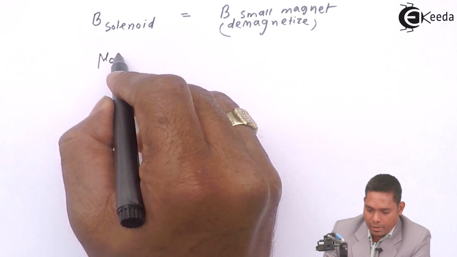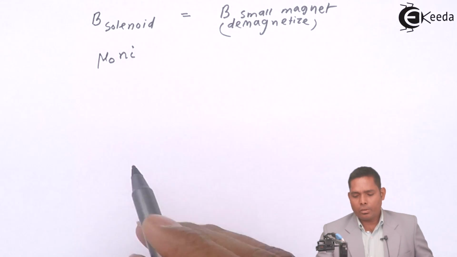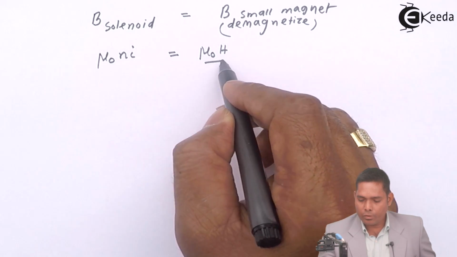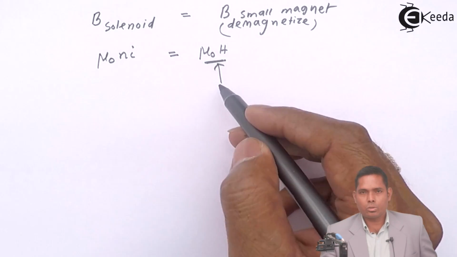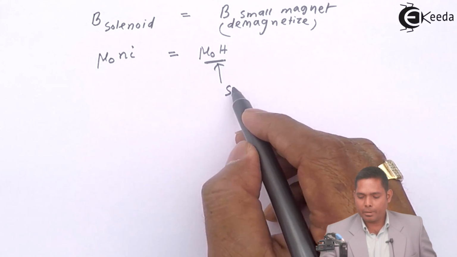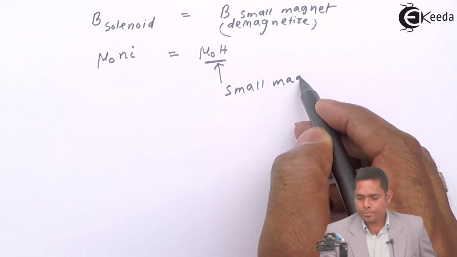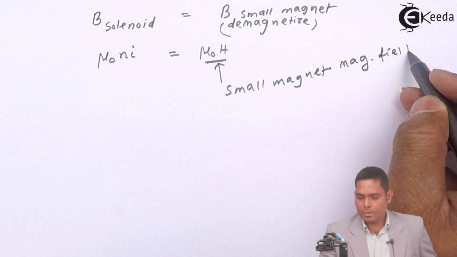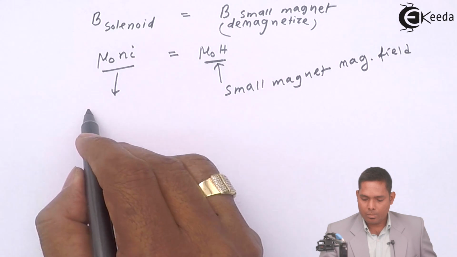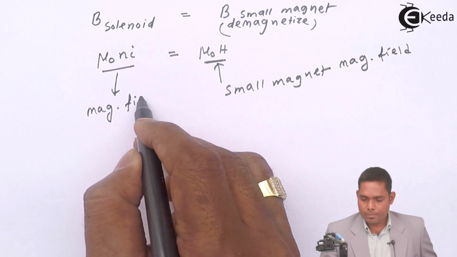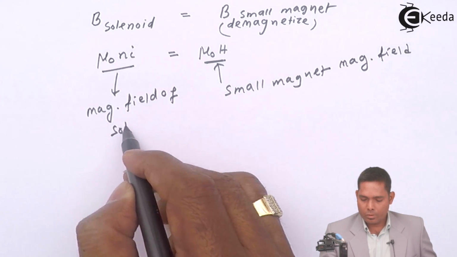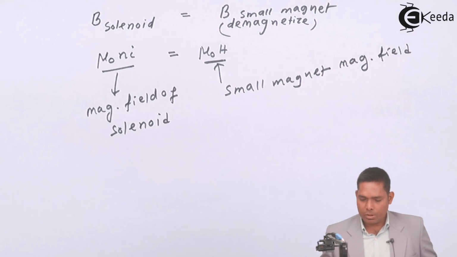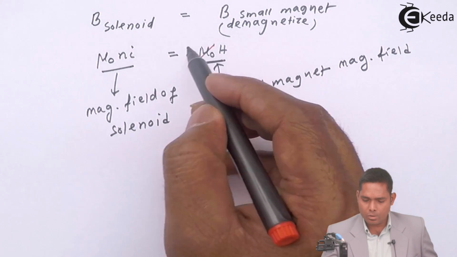So mu naught N I produced because of this solenoid must be equal to mu naught H. This is the magnetic field of the small magnet, and here is the magnetic field of the solenoid.